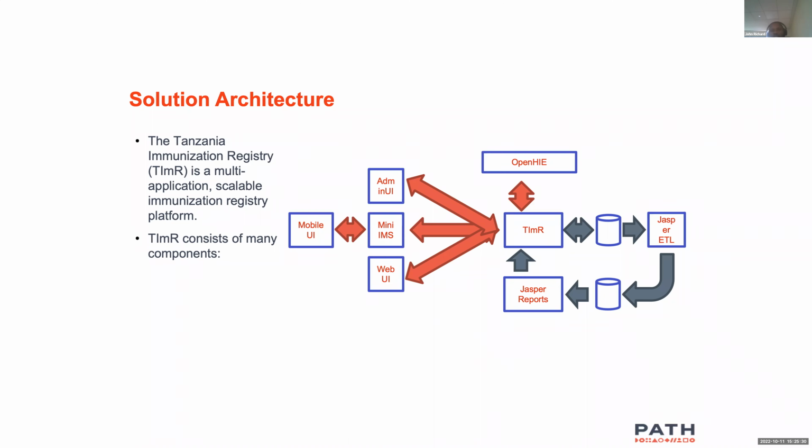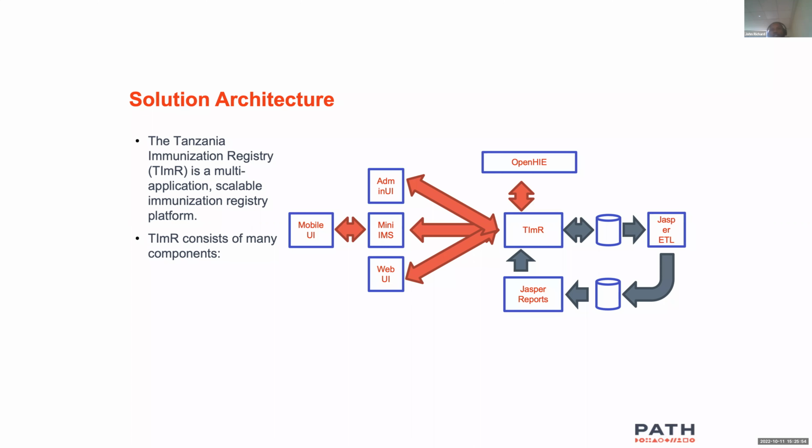And the other component is the database part. We have a data warehouse. It's a secondary database, which is a denormalized version of the primary database, which has clinical data or clinical records.